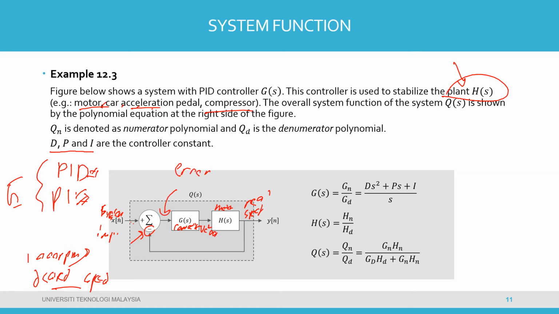The error will be used by the controller here to produce a correct voltage for the motor. This one is basically the closed loop. Basically, it will try to control it until the error is 0.